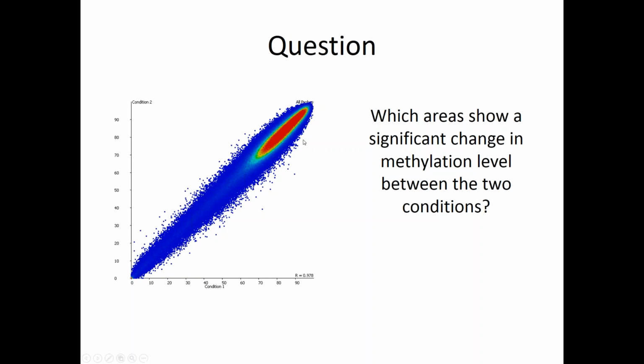You can see here that the overall methylation trend between the two samples is exactly the same. They sit directly on the diagonal. In this case, the points falling off the edge of this distribution might be the ones that are most regulated, and therefore we might be interested in those, and that would be what we want to assess statistically.